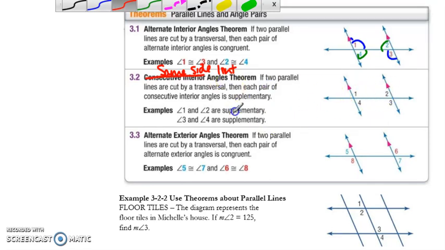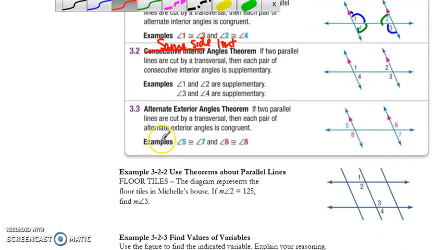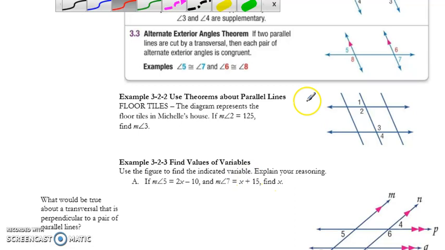So angle 1 and angle 2 add up to 180, and 3 and 4 are supplementary, so they also add up to 180. Then we know our alternate exterior angles are congruent. Basically they're either congruent, or if they're on the same side, next to each other, then they're supplementary. So let's go ahead and apply some of those rules to some pictures down here.